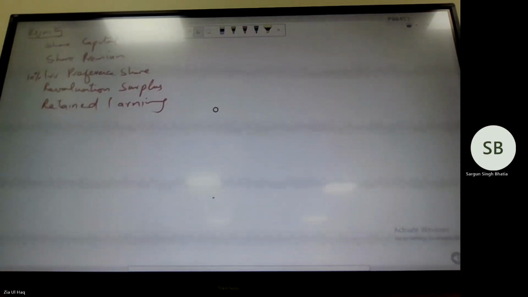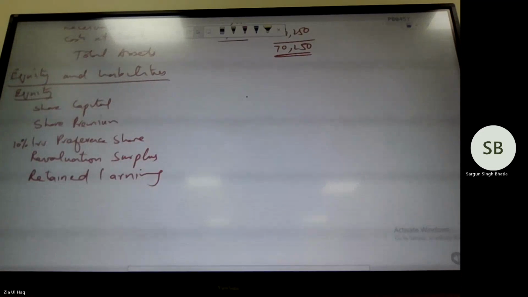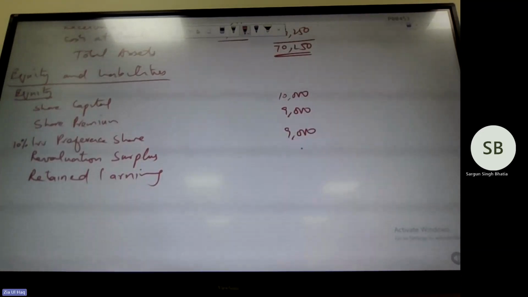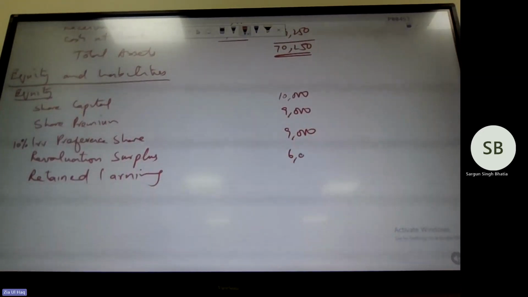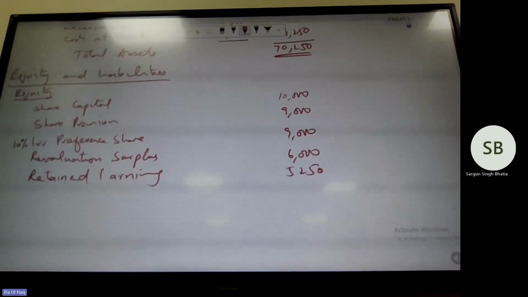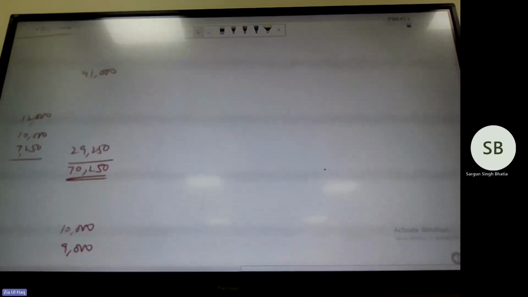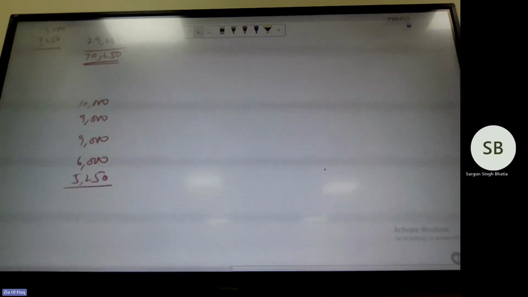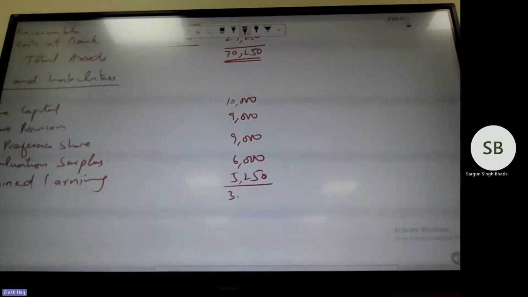So 10,000, 9,000, 9,000, 6,000, and 5250, and these all will become the total of the statement of changes in equity, 39250.